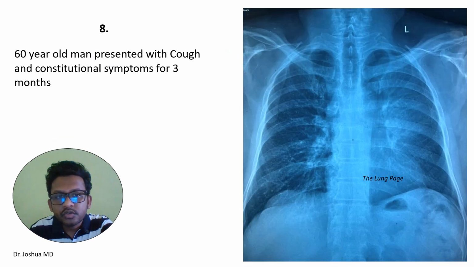Okay, so the eighth, a very important chest X-ray. A 60-year-old male presented with cough and constitutional symptoms for 3 months duration. We took a chest X-ray. So what is your diagnosis? You can see here the airway is normal, bones normal, cardiac contour is normal.